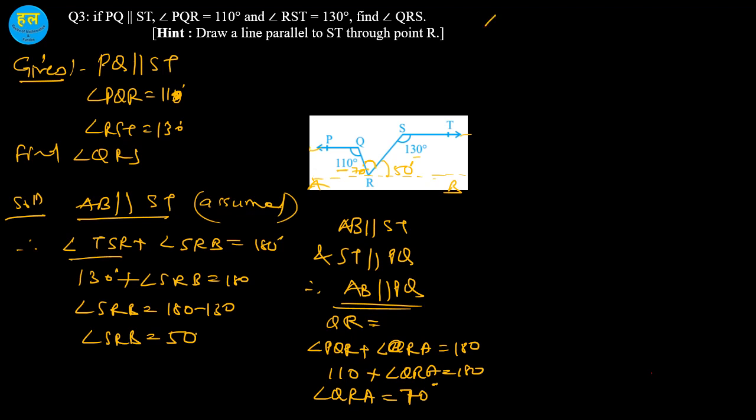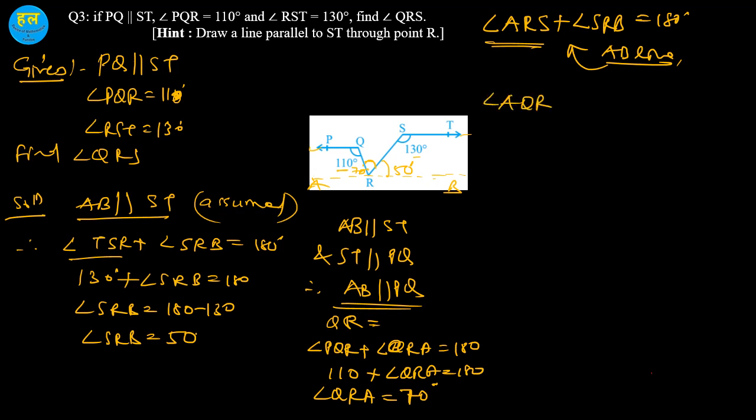Now angle ARS plus angle SRB is equal to 180 degree, because AB is a line and they form a linear pair. Therefore the sum of the two angles is 180 degree, and we can write ARS as ARQ plus QRS plus SRB is equal to 180 degree.